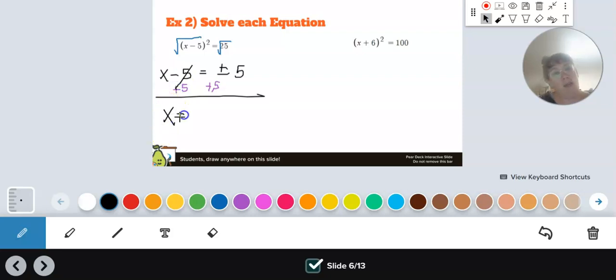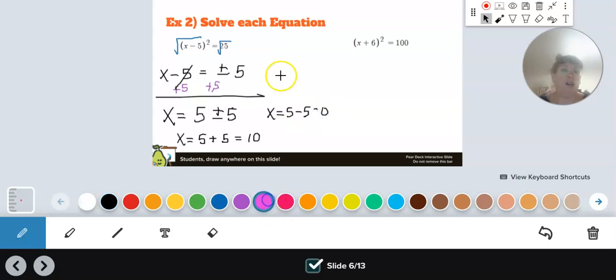We get x equals 5 plus or minus 5. So we have two answers here. Our first one is 5 plus 5, which is 10. Our second answer is 5 minus 5, which is 0. So our two solutions are at (10, 0) and (0, 0).